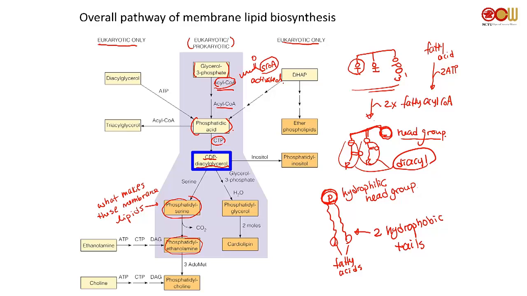So diacylglycerol means basically this thing: 1 acyl, 2 acyl, and then on the top it's glycerol. If you have CDP in front of diacylglycerol, then it's just a CDP attached to the head group and then diacylglycerol. Simple.